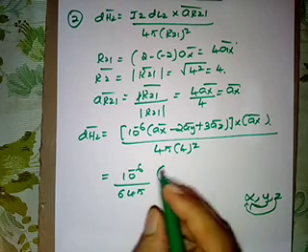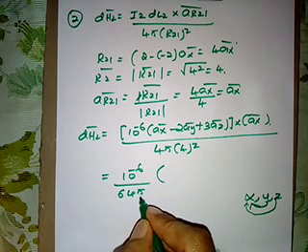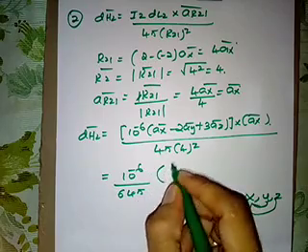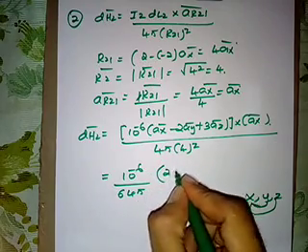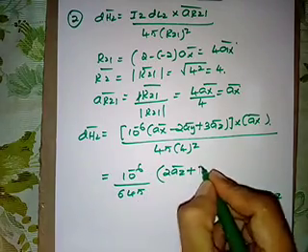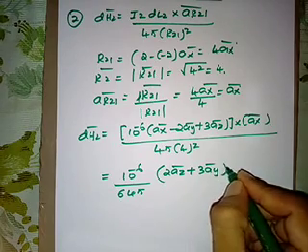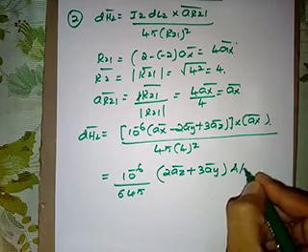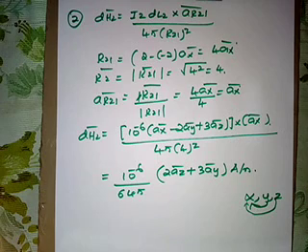Fine. So this is 10 raised to minus 6 divided by 64 pi, into 2 az bar plus 3 ay bar ampere per meter, that is dH2 bar.